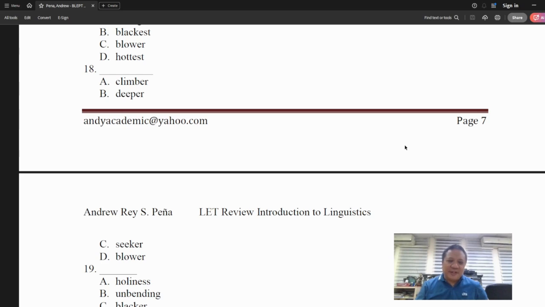The answer is B, deeper, because the er here produces the comparative in an adjective. In A, C, and D, they are derivational suffixes that mean somebody who does something. So the answer is B, deeper.